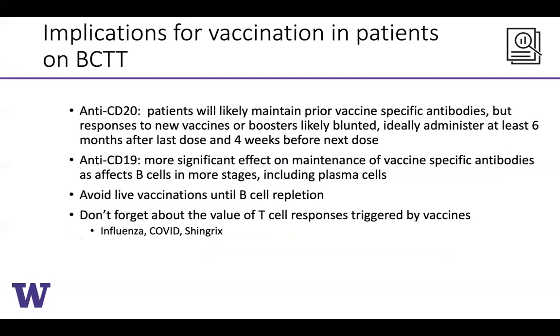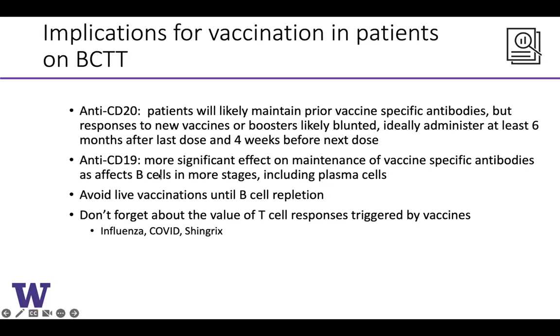In terms of implications for vaccinations in patients on B-cell targeting therapies, with anti-CD20, as they do not target plasma cells, patients will likely maintain prior vaccine antibodies. Ideally, patients would be vaccinated when some B-cell recovery is seen, and current recommendations are to do it at least 6 months after the last dose and 4 weeks before the next dose.